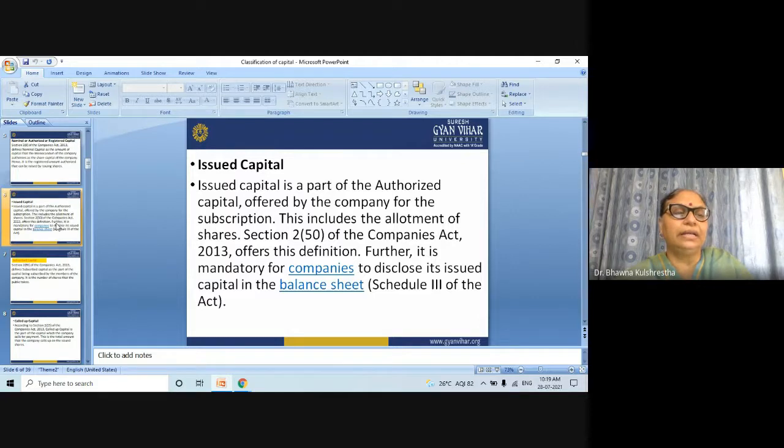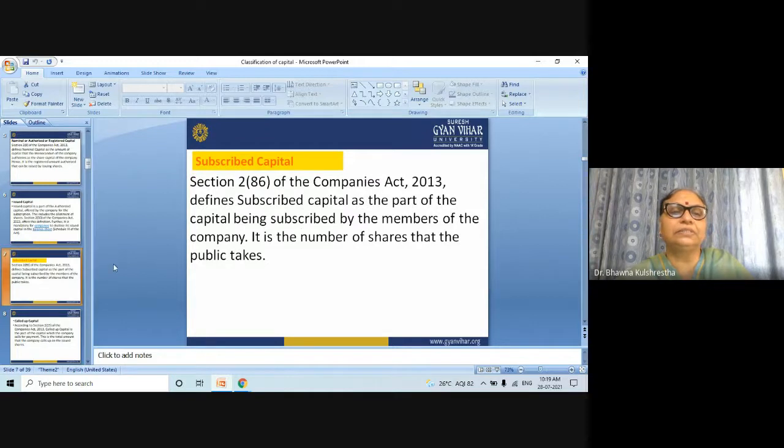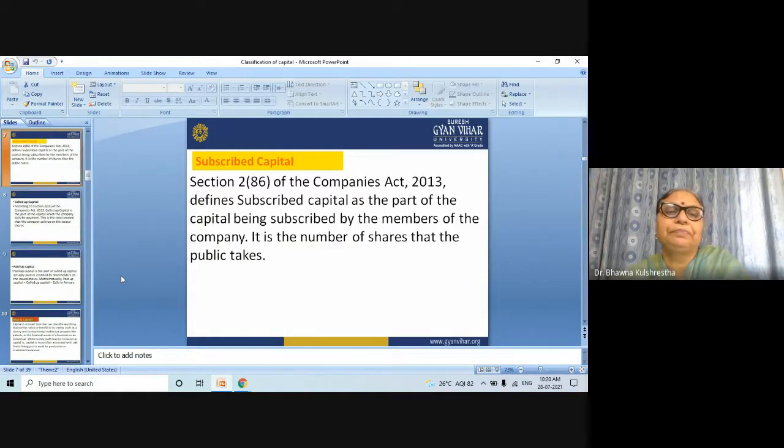And the next capital is subscribed capital. Section 286 of the Companies Act 2013 defines subscribed capital as the part of the capital being subscribed by the members of the company.